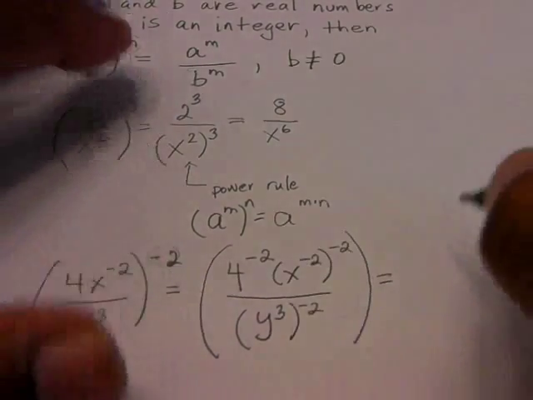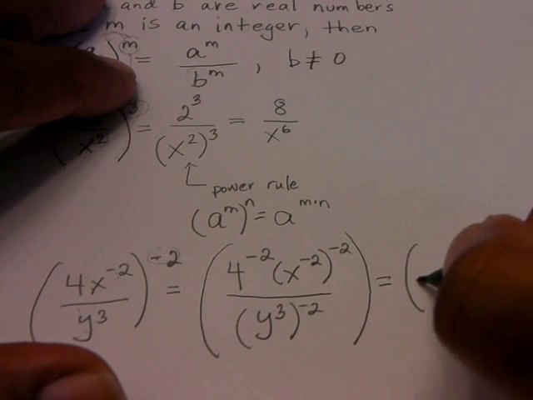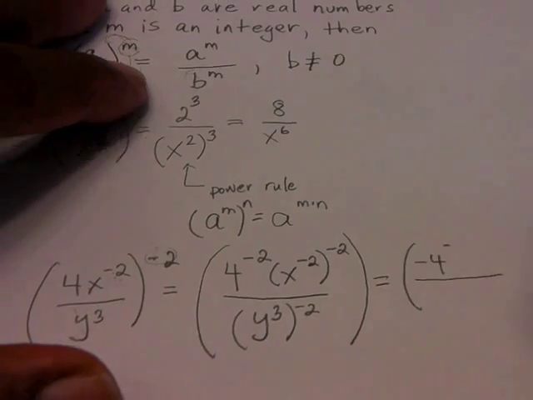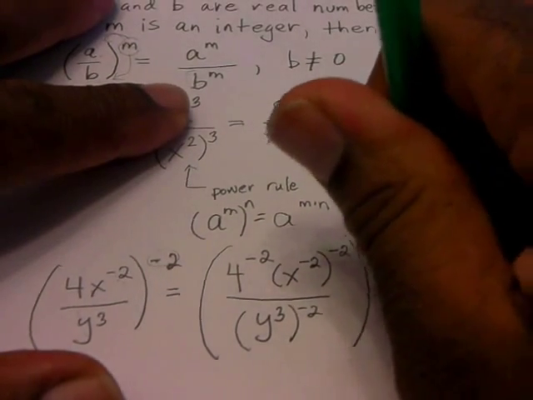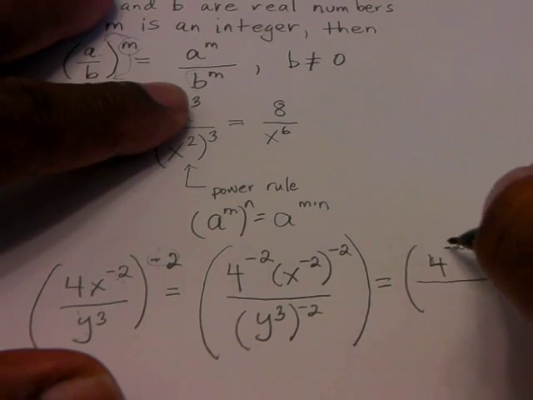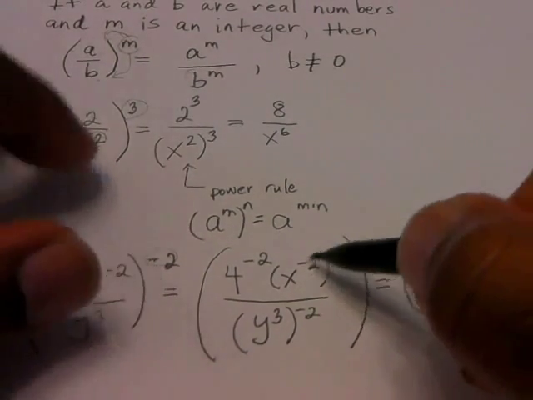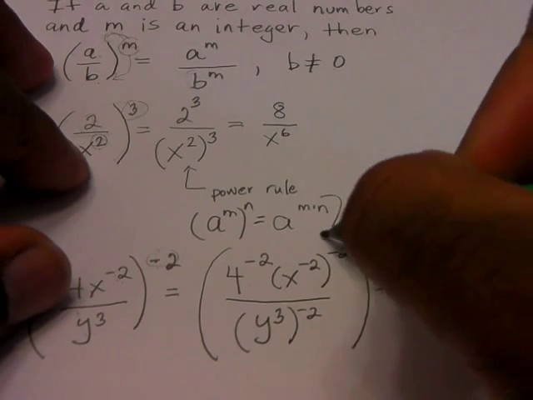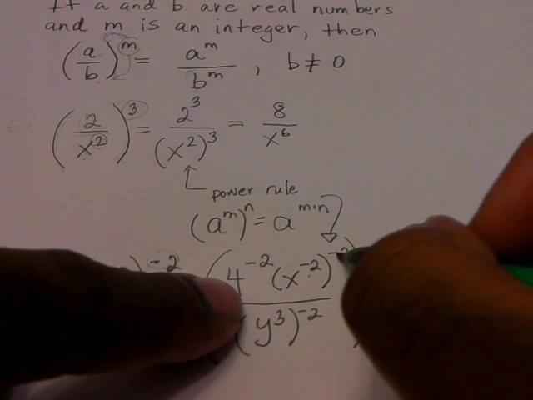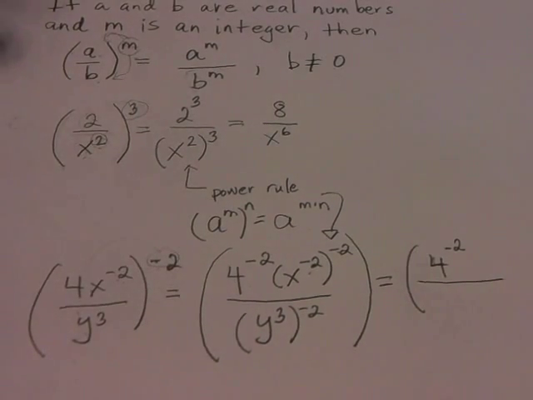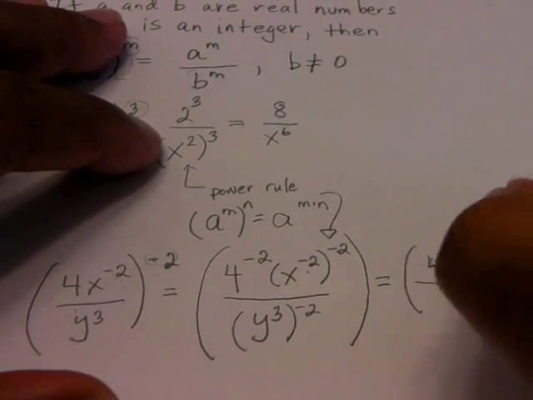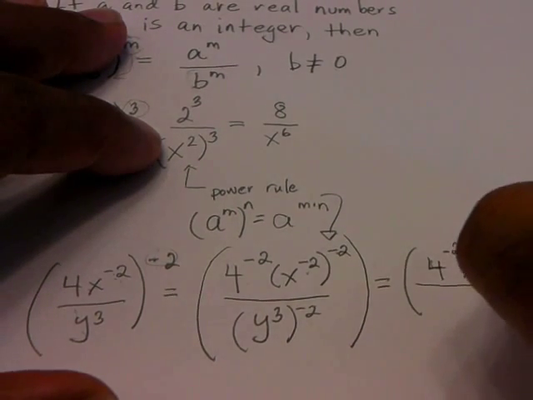Let's keep it for now, because in simpler terms, we'll do that last. When you take the product of the exponents, again using the power rule, because you have a raised power with another raised power, you take the product between those two exponents, and that will give you a positive 4.